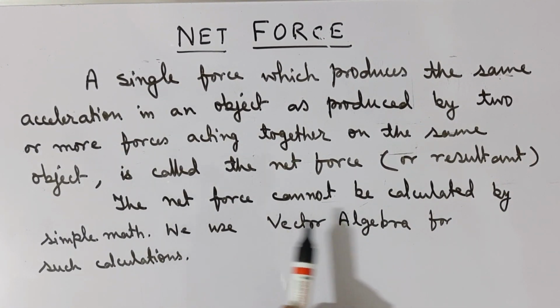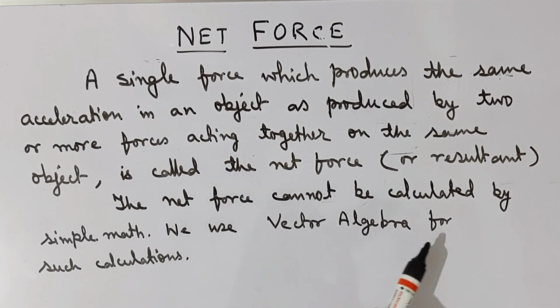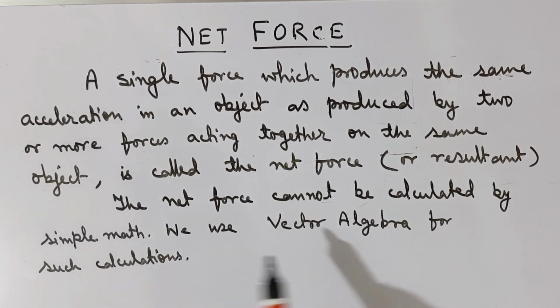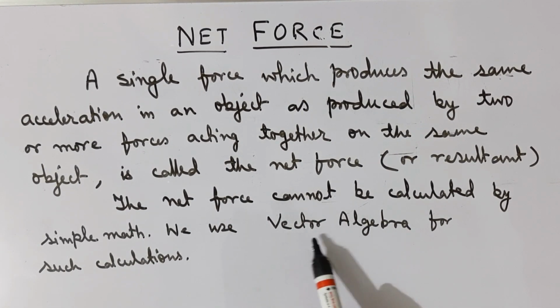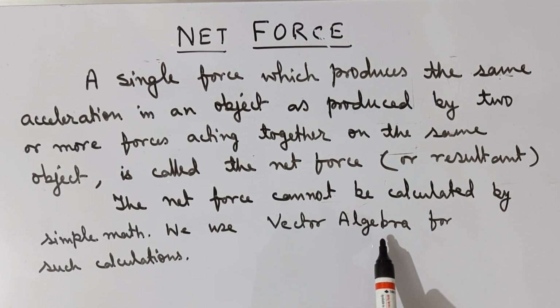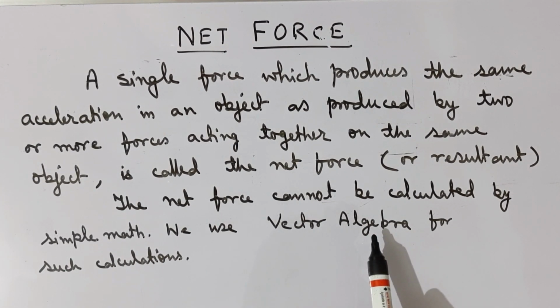The net force cannot be calculated by simple maths. We use vector algebra for such calculations. Vector algebra is a separate branch of mathematics which is used to add or subtract or to find the resultant of vector quantities.